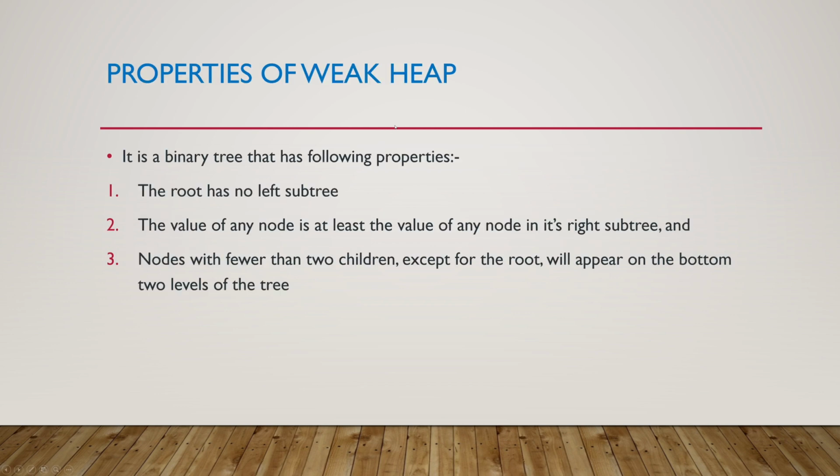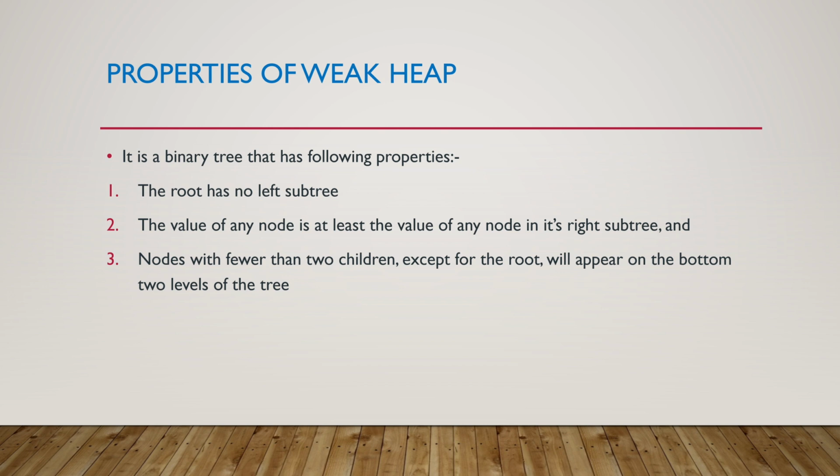Now we'll look into the properties of a weak heap. It is a binary tree as mentioned earlier, and the properties are: the root of a weak heap will have no left subtree, so nothing at all on the left-hand side of the root node. The second property is that the value of any node is at least the value of any node in its right subtree.